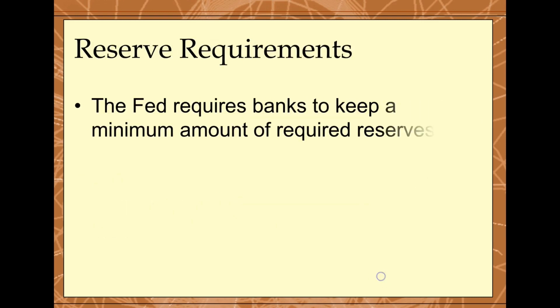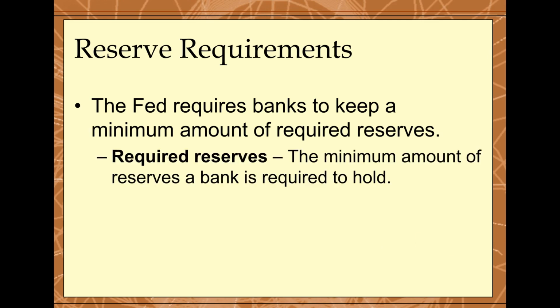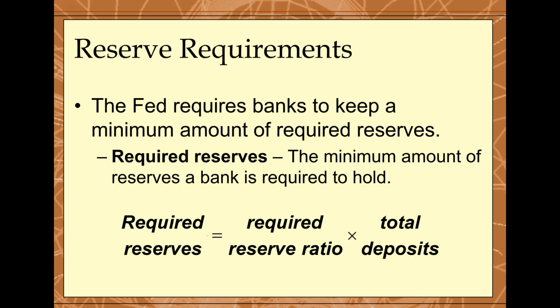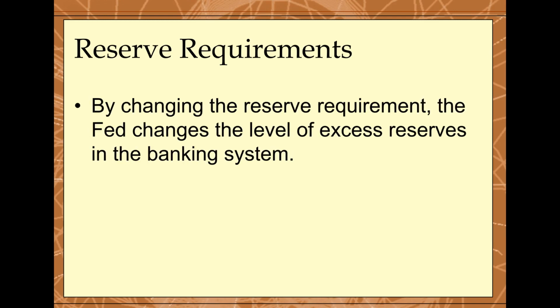Now, the Federal Reserve requires banks to keep a minimum amount of reserves, and we call those required reserves. Manipulating the reserve requirement can manipulate the amount of money that the bank can create. So by changing the reserve requirements, the Fed changes the level of excess reserves in the banking system and thereby changes the ability of banks to lend.